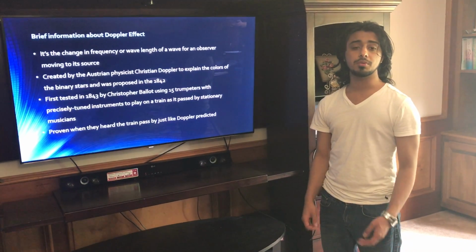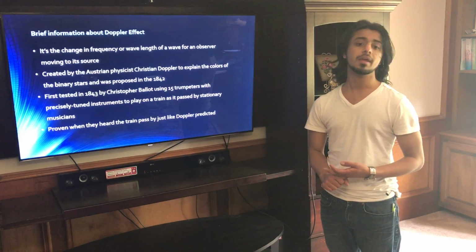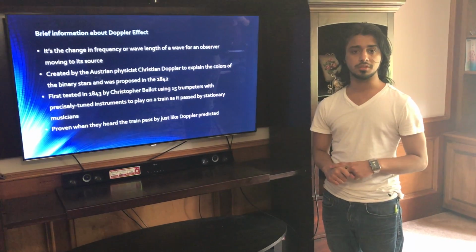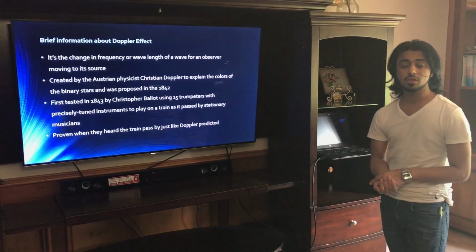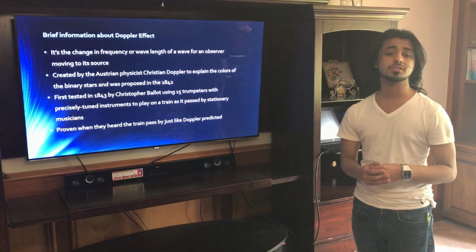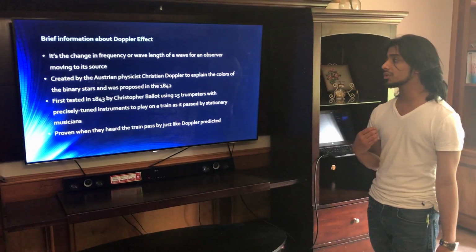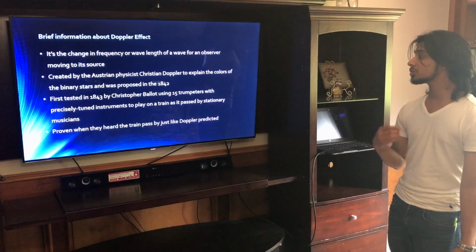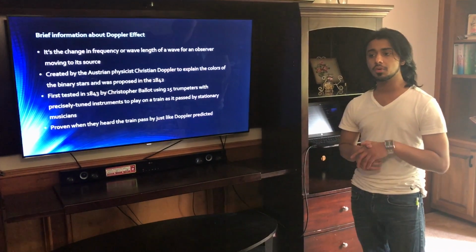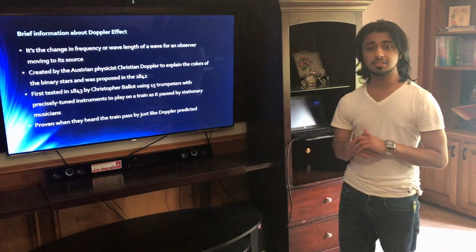I would like to talk about the brief history of the Doppler effect, who created it, by whom it was tested, and how the theory was finally proven. The Doppler effect is the change in frequency or wavelength of a wave for an observer moving relative to its source. It was created by the Austrian physicist Christian Doppler in Prague, and he created the theory to explain binary stars in 1842.